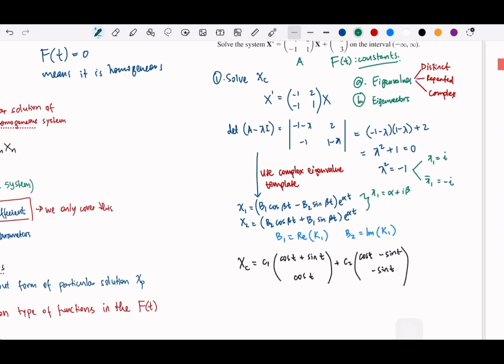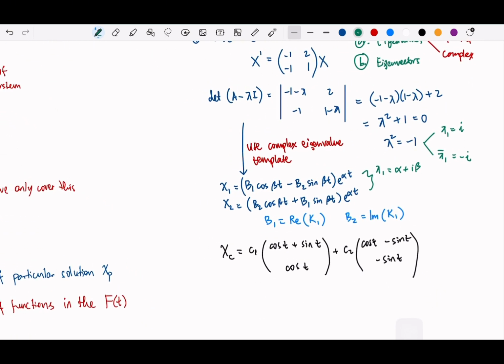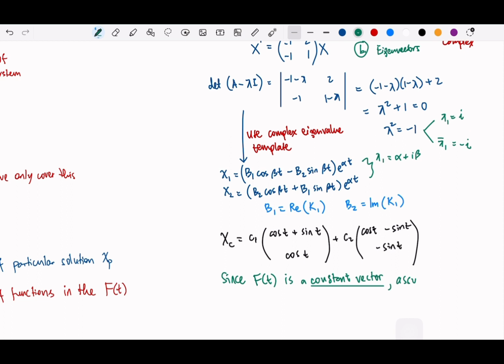So we can assume, since f is a constant vector, that xp has components a1 and b1, which we can substitute into the original system.